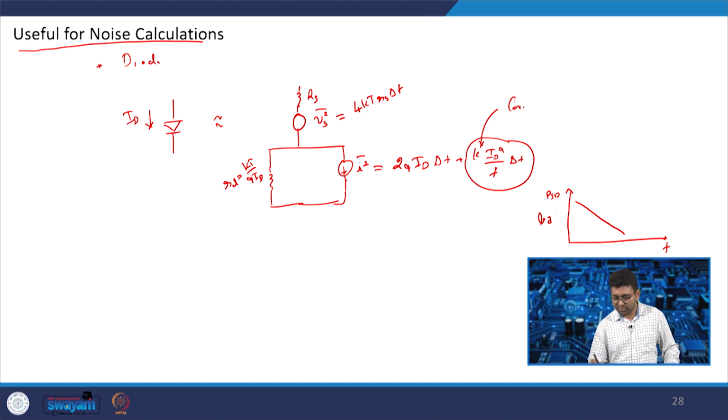This constant will change with the device, a constant for the device. Then Id is the direct current, f is the frequency, and a is a constant.